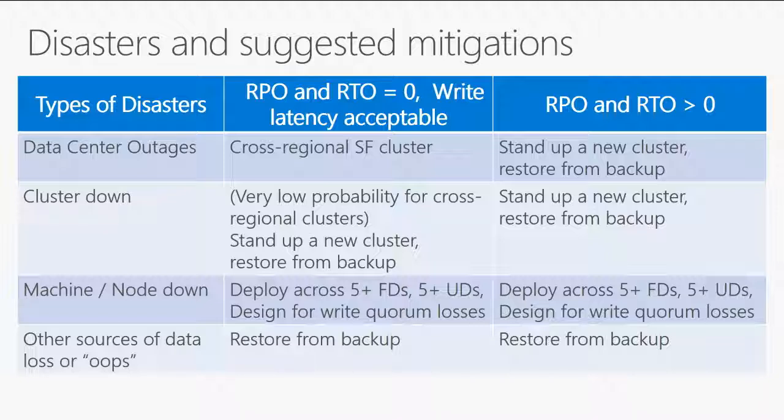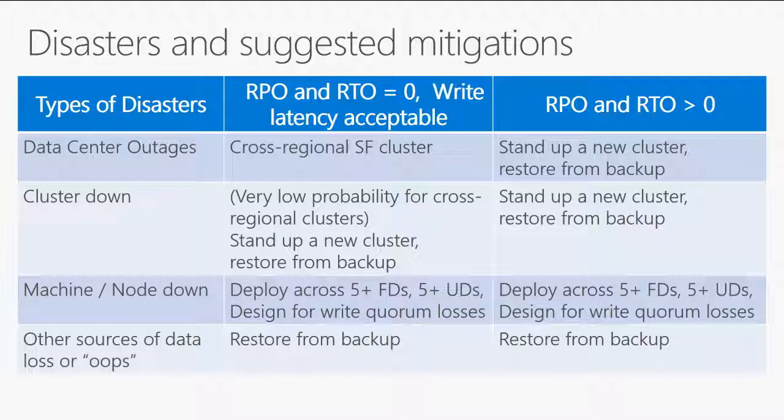You can absolutely stand up a new cluster somewhere else and restore your cluster configuration from your code, remember, from your source depot or your Git or wherever your configuration was. Create a new cluster, then create your applications and restore the state from backup. That's it, then you're all set to go. The length of time it takes is what your RTO is.